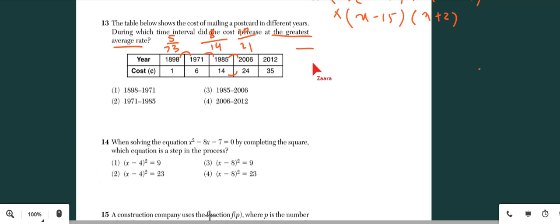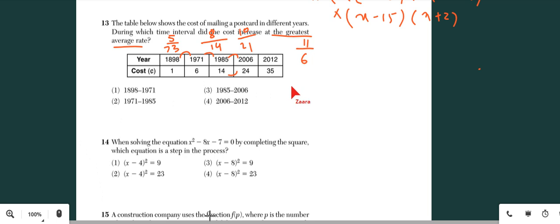In the denominator we will get 6, and in the numerator we have 35 minus 24, which is 9, right? Wait, it's 11. I was typing it wrong. It's 11, right? Yep. Okay.